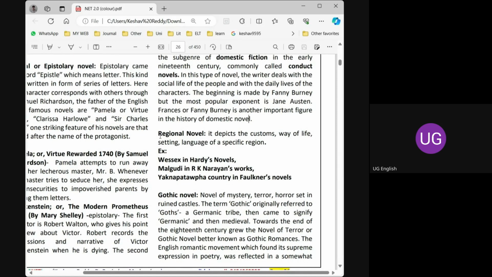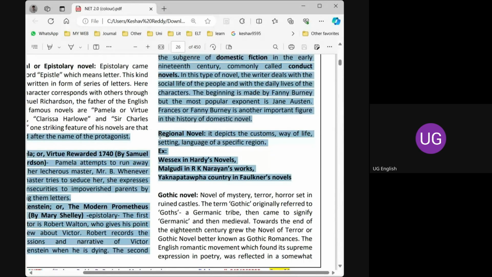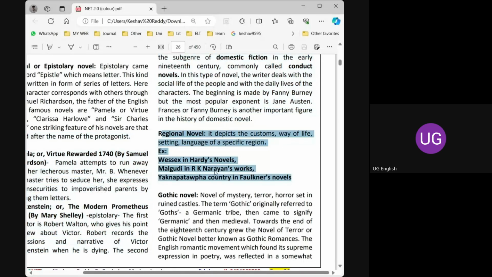And the regional novel, you have to memorize these terms. Malgudi, have you gone through this word? Have you ever heard this word, Malgudi? Malgudi is a fictional town in R.K. Narayan's novels. Very important.